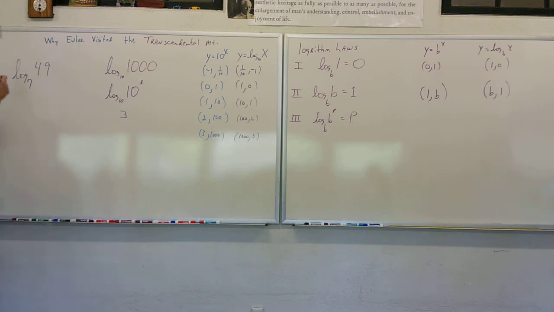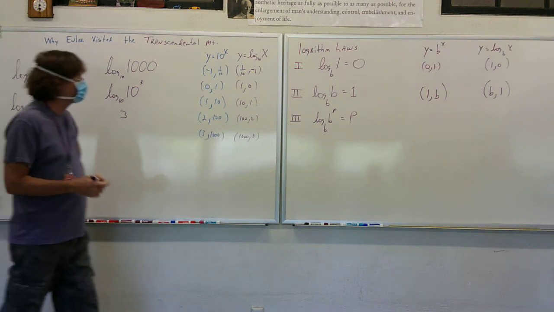But does everybody agree that 49 is 7 squared? Equals 2. Okay. So once you start learning the laws, you can apply them to all different kind of bases. And that's that rule. That's rule number 3.